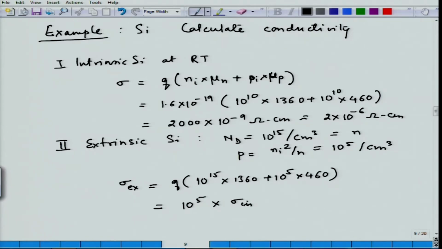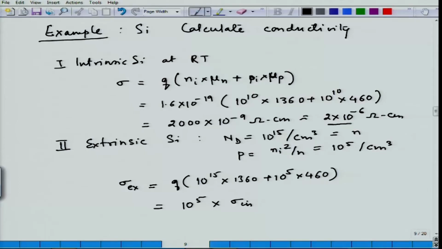So, this is the power of doping in semiconductors. By just doping by 10 to the power 15 per centimeter cube, I have changed the conductivity of the intrinsic semiconductor to 10 to the power 5 times that value. So, this is how one uses the drift motion, and it can explain the conductivity of a given material.